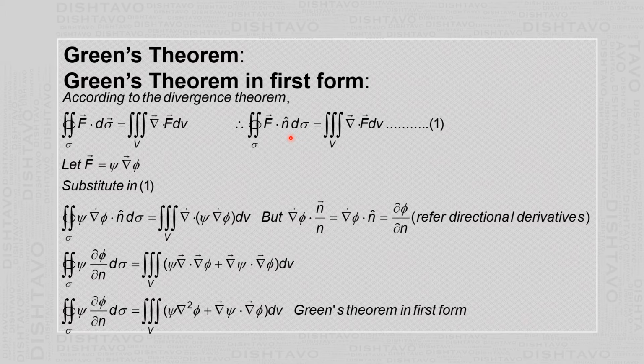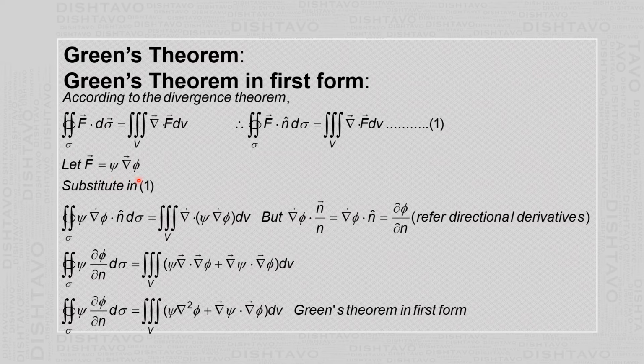Here the symbol n is used because the direction of the surface area is perpendicular to a point on the surface, that is normal. So that's why symbol n is used. Now let us substitute in this equation 1 the vector f equals psi grad phi.